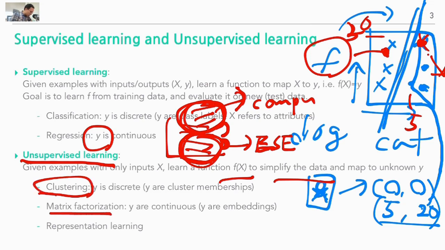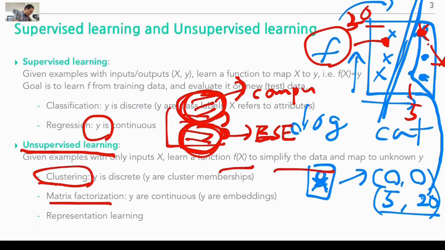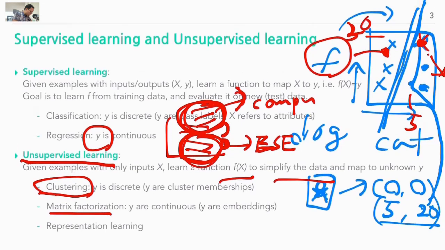So matrix factorization. It is something like dimension reduction. In reality, think about the student dataset. In the student dataset, we can imagine many different features, right?